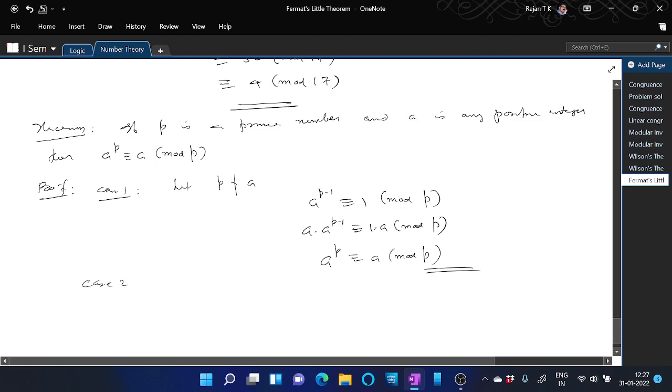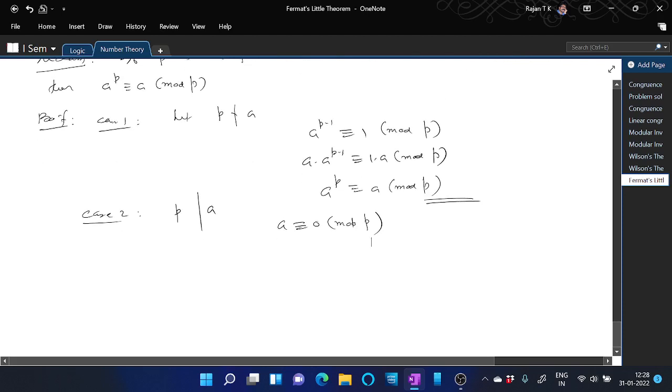Now let us take the case 2 where P divides A. Let P divide A. That is, A is a multiple of P. A congruent to 0 mod P. We take this 1.